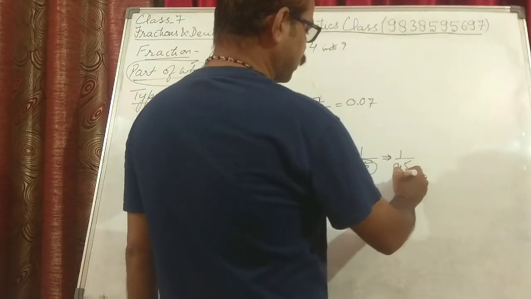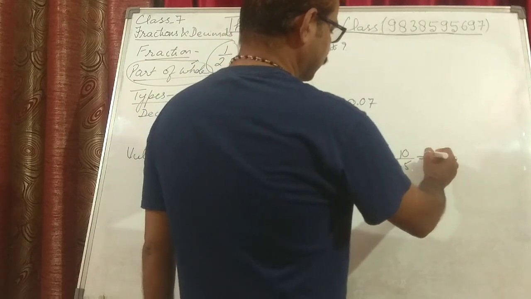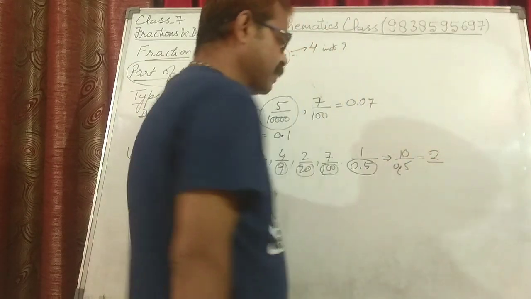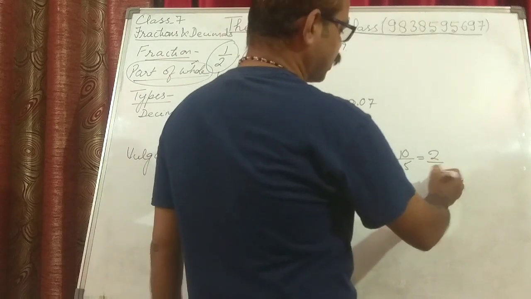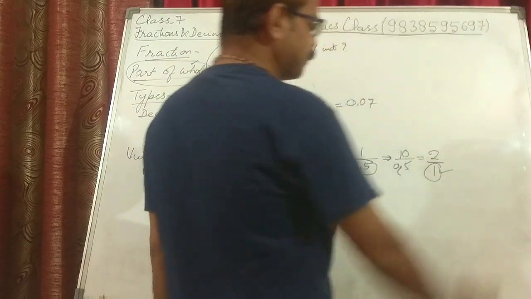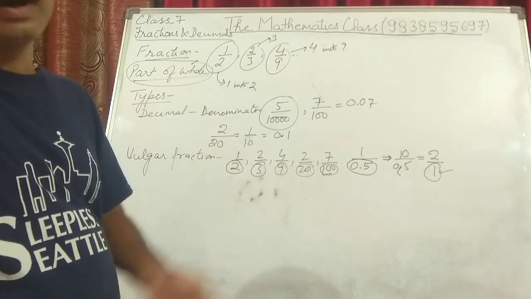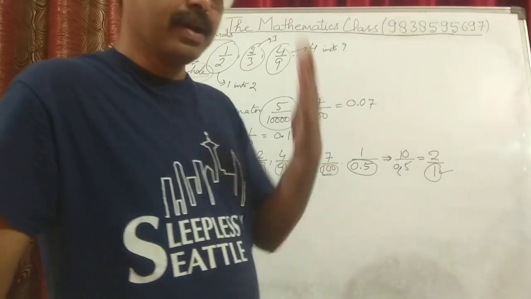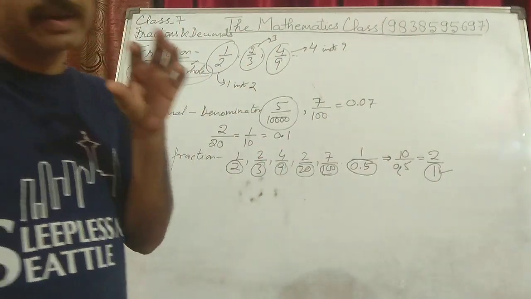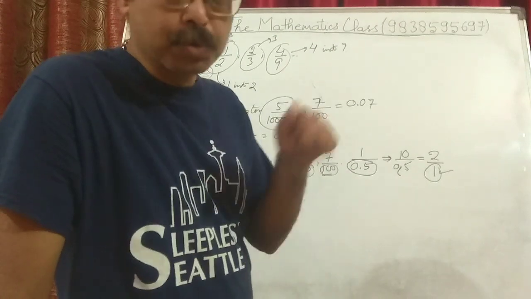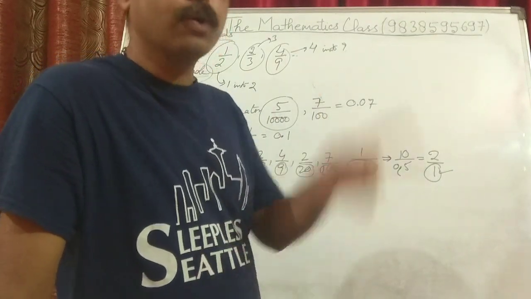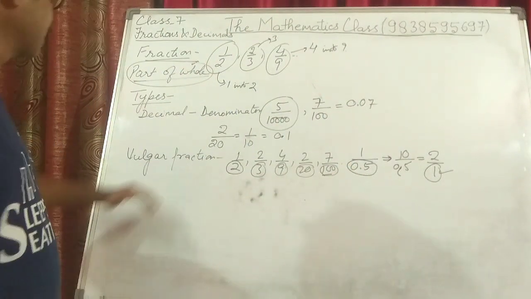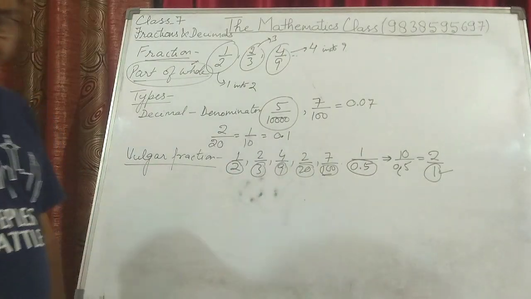When you remove this point, you will add a 0 to the 1. So it will be 10 upon 5, that is 2. 2 can be written as 2 upon 1 and 1 is a whole number. So it is a vulgar fraction. So you remember this much, any fraction whose denominator is a whole number is known as a vulgar fraction.